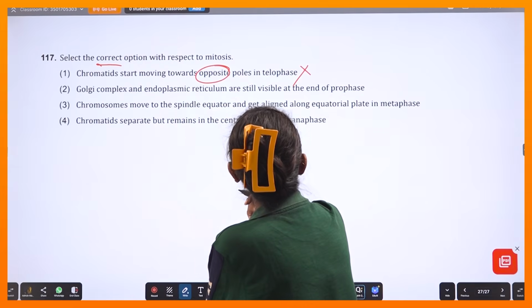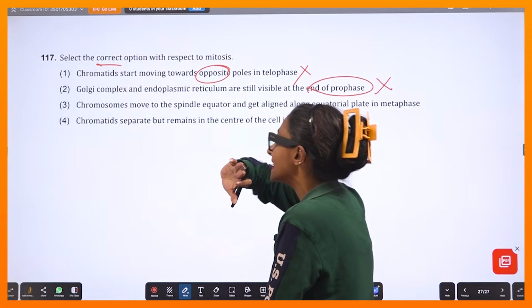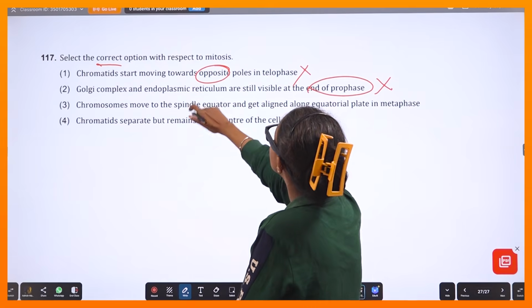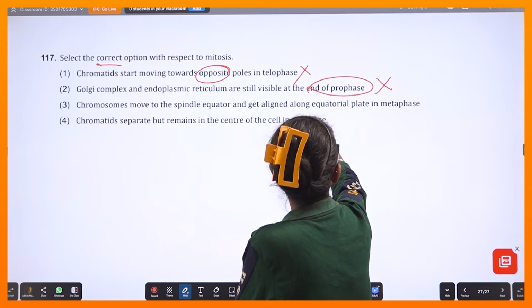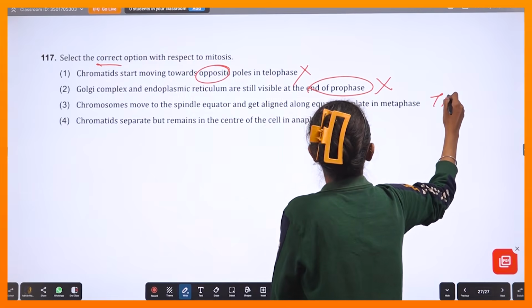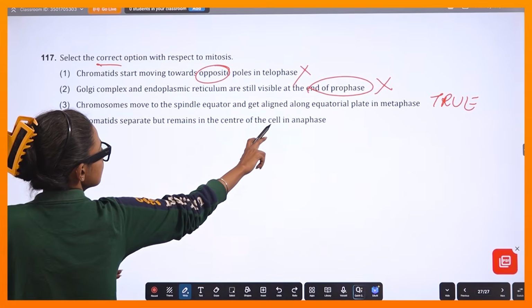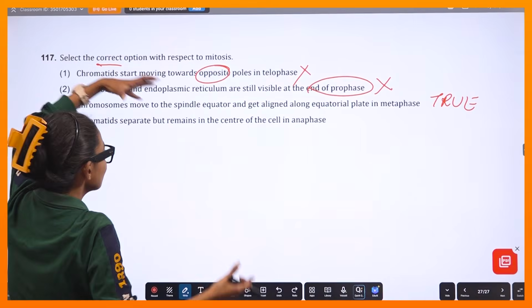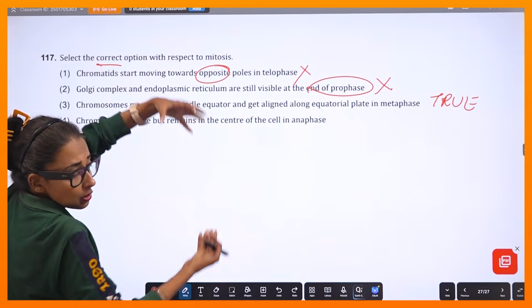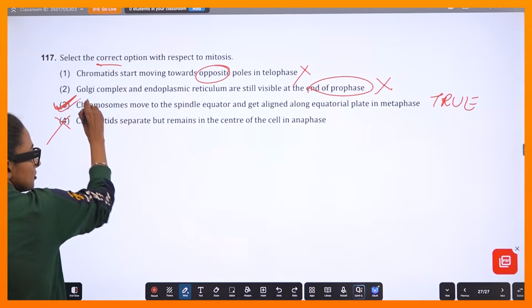Golgi complex and endoplasmic reticulum are visible at the end of prophase. No, they have completely vanished. Chromosomes move to the spindle equator and get aligned. True. Chromatids separate but remain in the center of the cell in anaphase. No, chromatids will separate and move to opposite poles, so this is also false. So that means option 3.